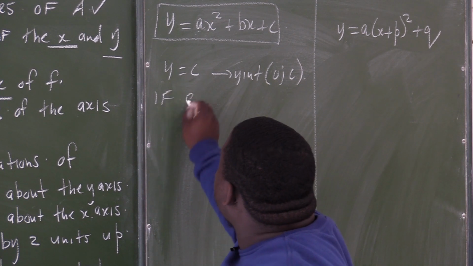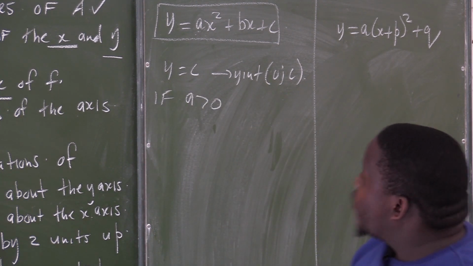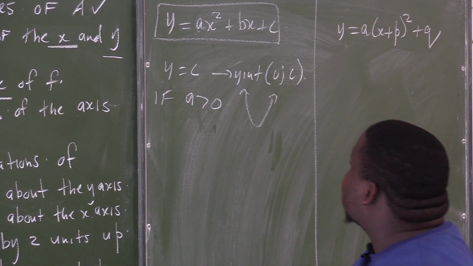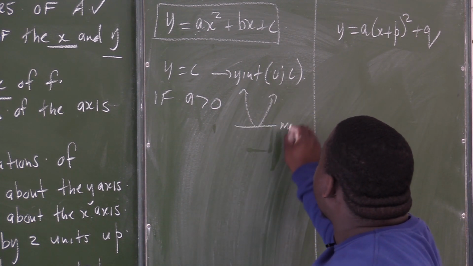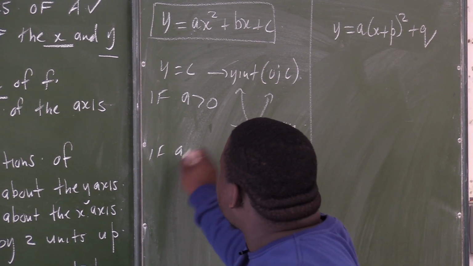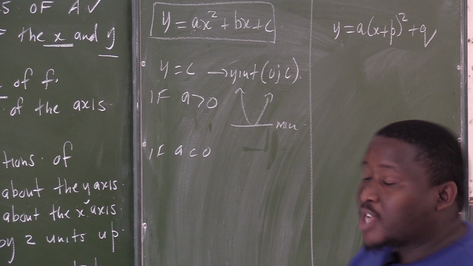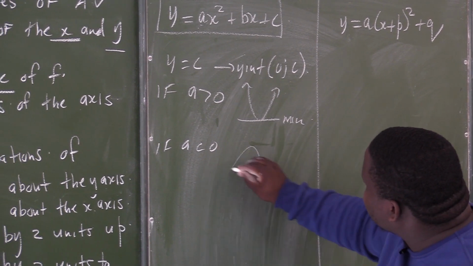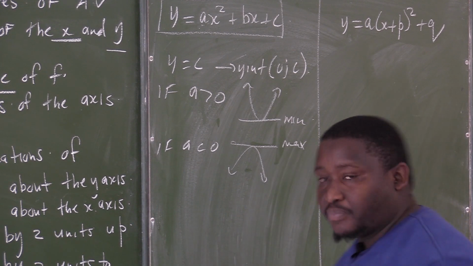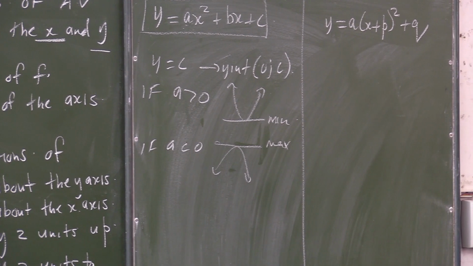If your a is positive, you expect a graph that is facing up. It means your turning point will be a minimum. But if a is negative, you expect a graph that is facing down. It means your graph will have a what now? A maximum.